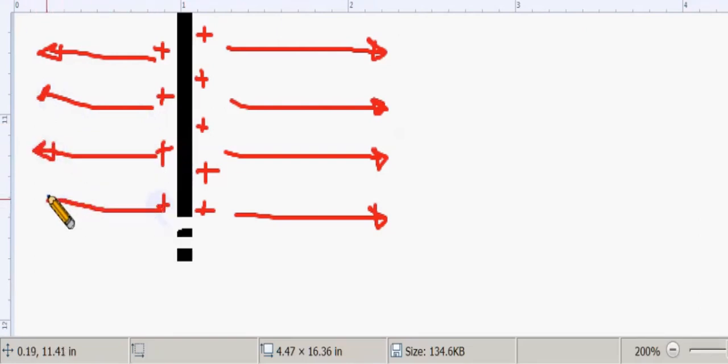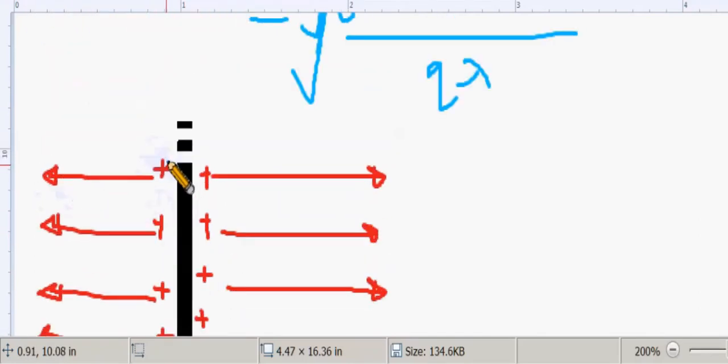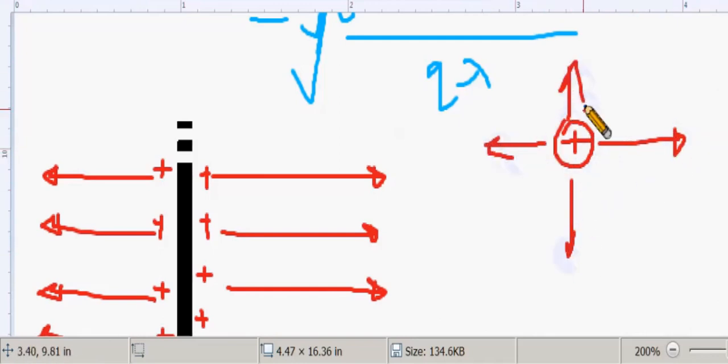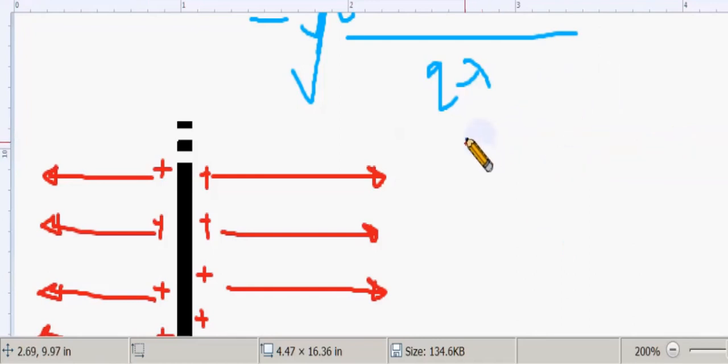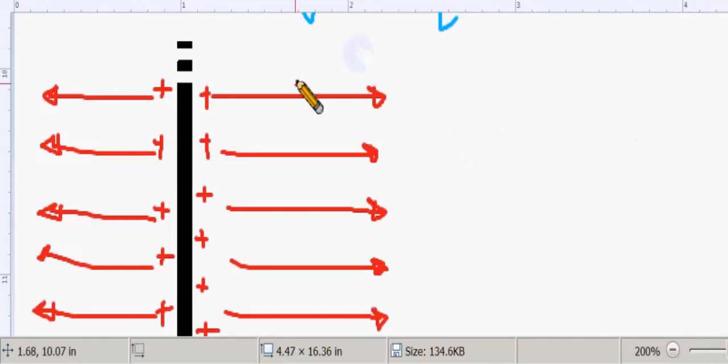Since these charges are positive, you know from a positive charge the flux distributes away from the charge, like this. The direction of force lines is away from the charge.